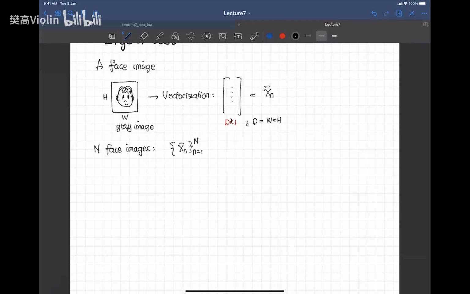So we have n vectors, and each of these is d by 1. D here is quite huge, actually. Depending on the resolution of your image, D can be very large. If it is 100 by 200, for example, it's already 20K. D equals 20K.